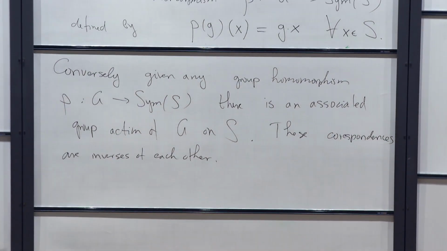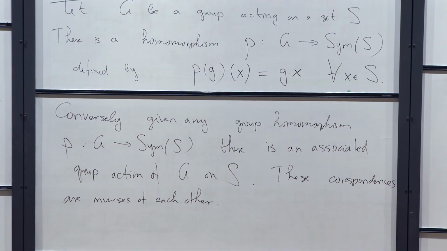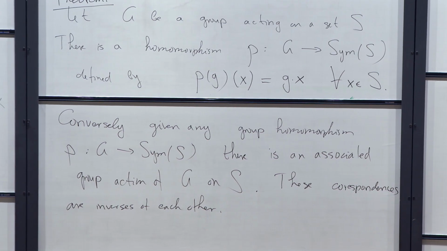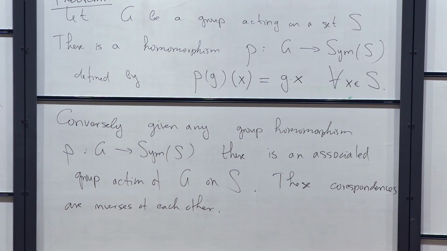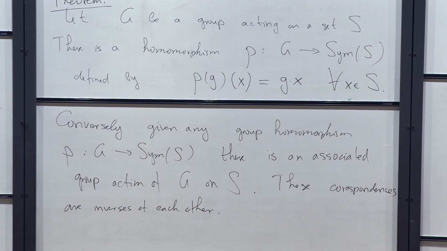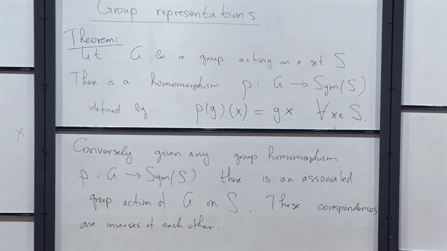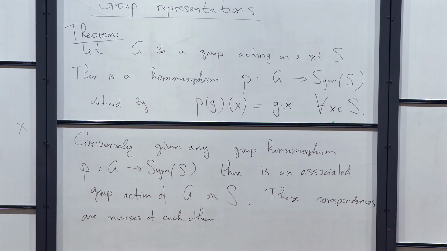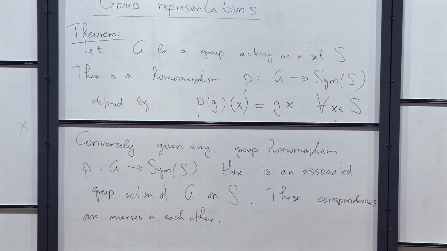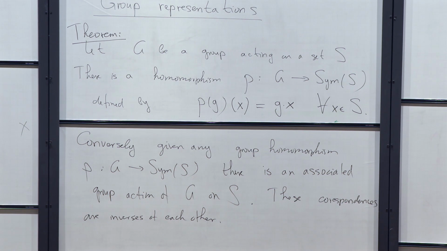All right. So it's quite a long-winded statement, but what it says is that we can think of an action as a homomorphism if it suits us, or conversely, if you have a homomorphism of a group into the symmetric group, we can think of that as an action. And there's not really very much meat in this theorem.